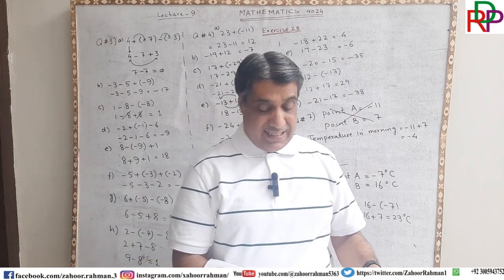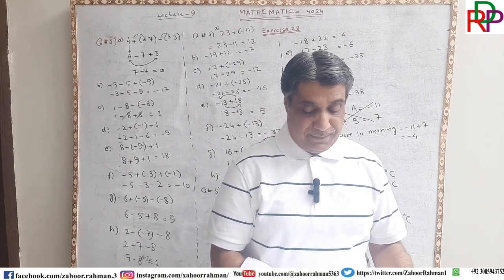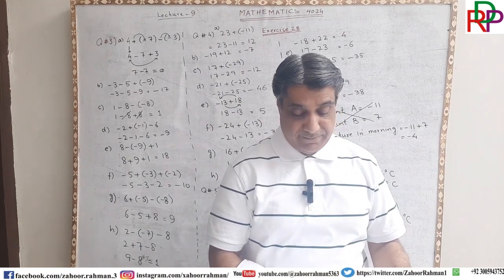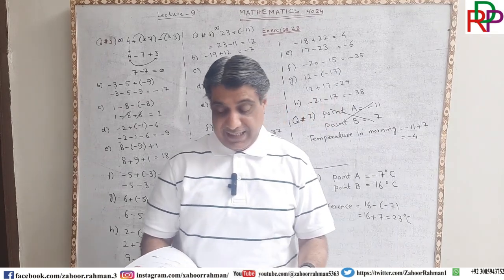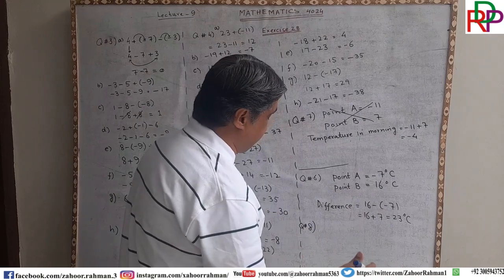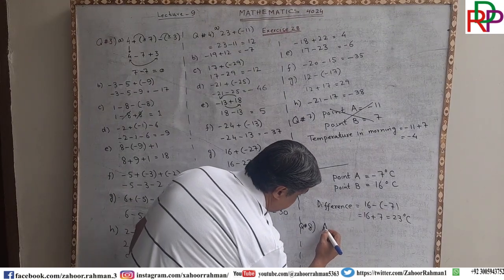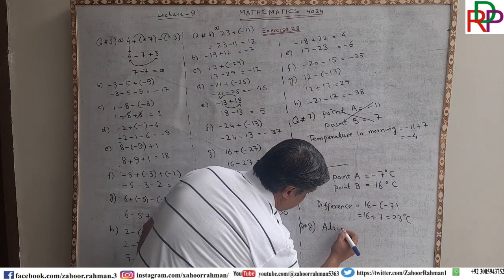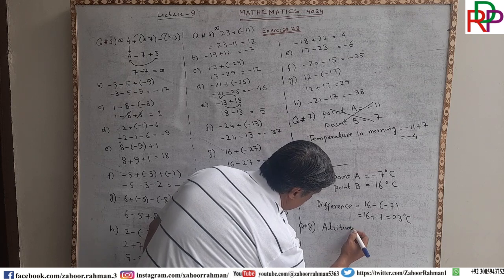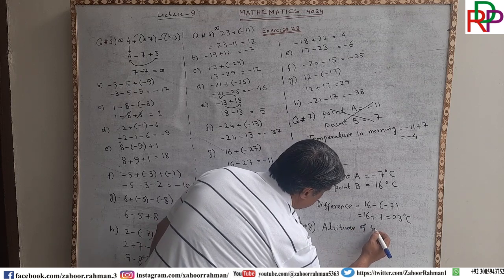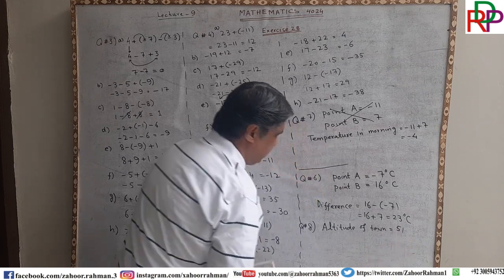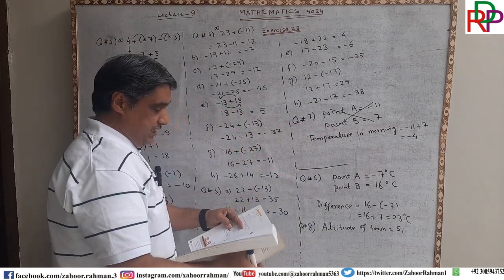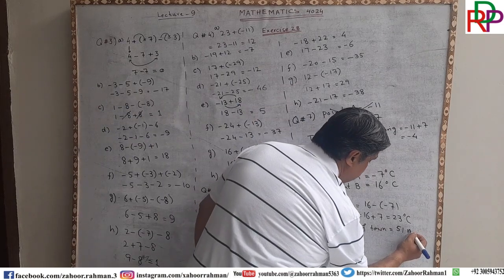a town is at a height of 51 meter. So I am writing altitude of town is equal to 51 meter.